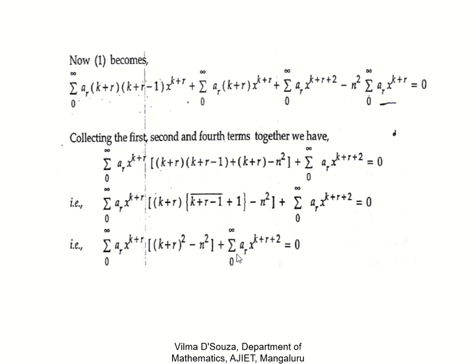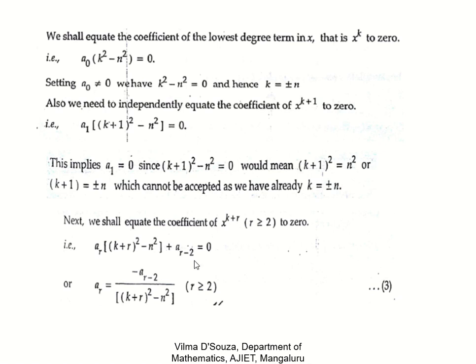The next term is the coefficient of x to the power k plus r plus 2. So what is the coefficient of x power k plus r? That is AR minus 2. So from this, what is your AR? Rewrite: minus this term, you shift it to the other side, AR equals minus AR minus 2 divided by k plus r whole square minus n square.